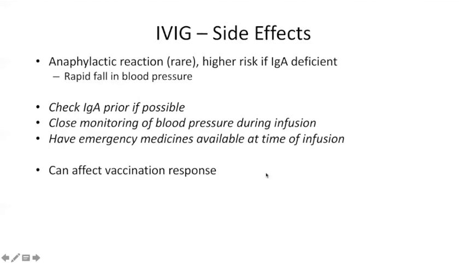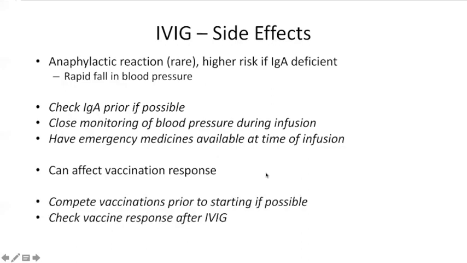But when you're getting the antibodies or this immunoglobulin in this bulk dosing, the body may not have the chance to learn that response because it's getting all of this antibody from the outside. So it can affect how well your body learns that vaccination response. That is not dangerous for you because you're still getting protected from that infection from the bulk antibody. But it's just something to consider.